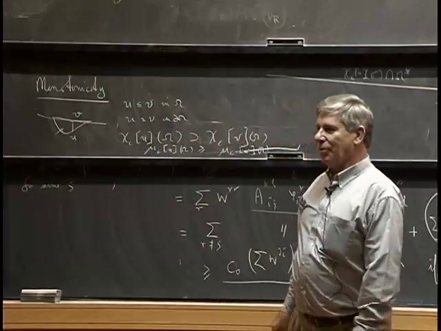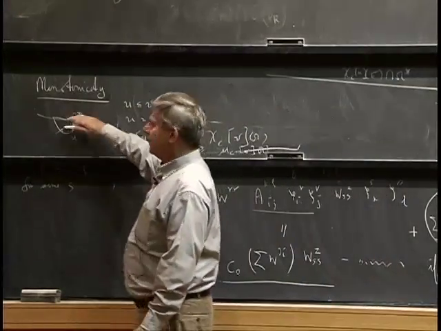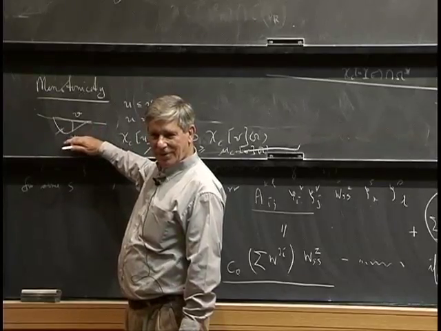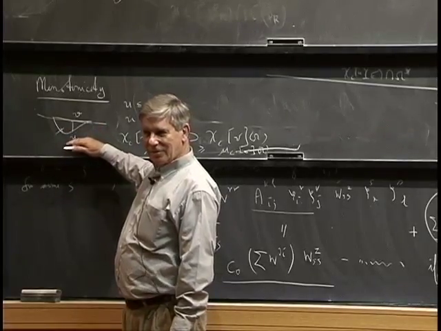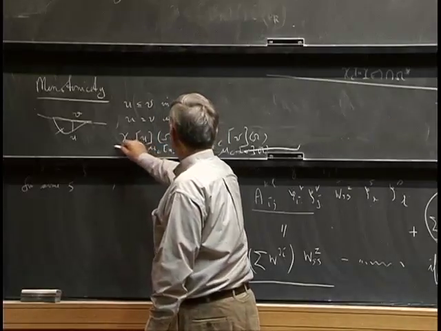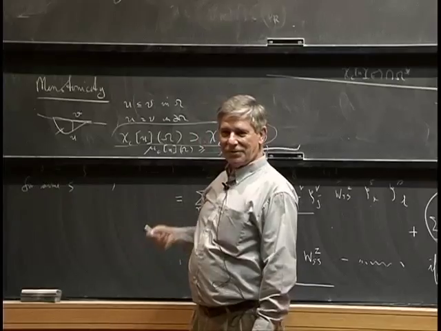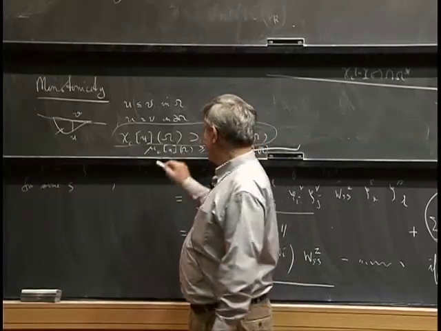So a C support for V will be a C support for U with the same Y0. So immediately we have this relation, and then of course the definition of the generalized Monge-Ampere gives us that one.